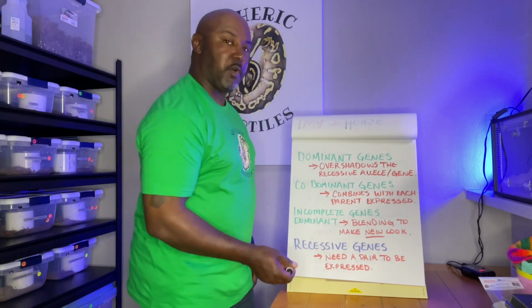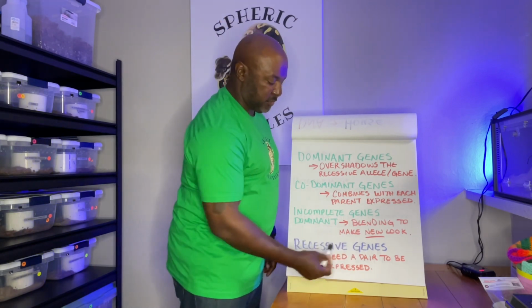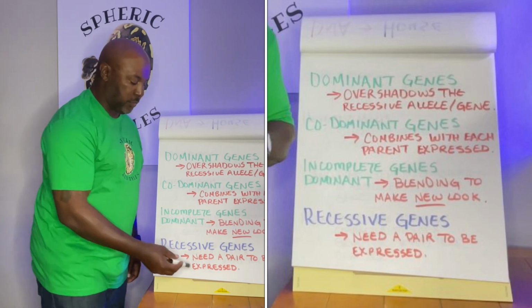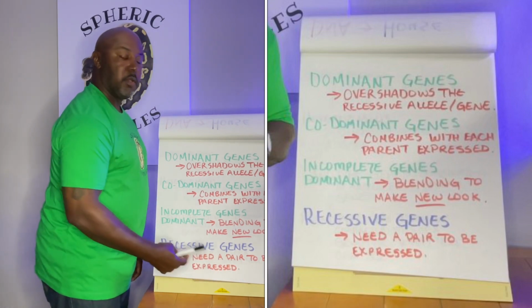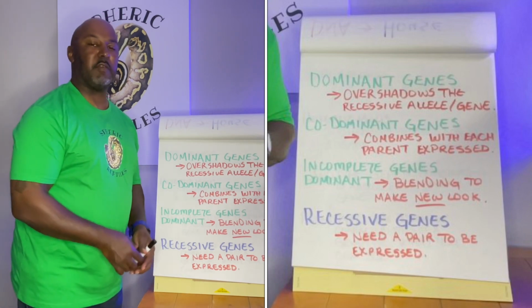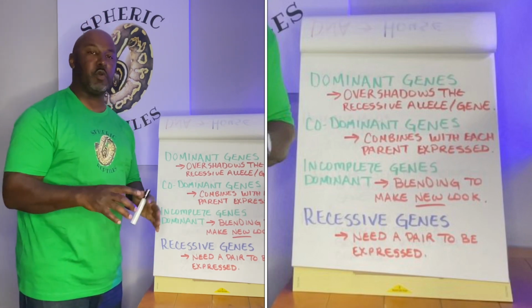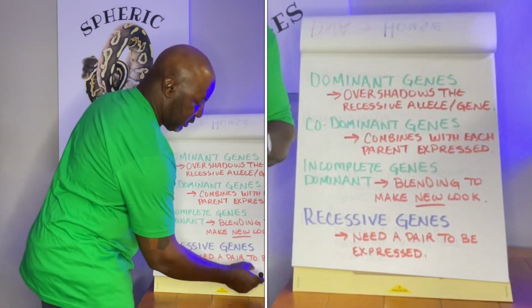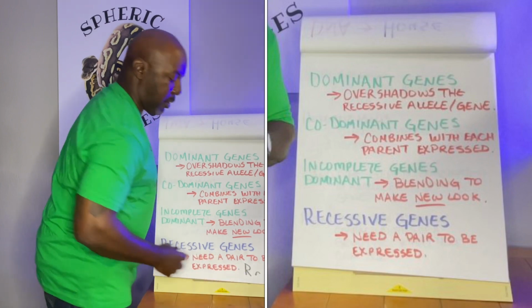But before we can move on, we have to discuss recessive genes. In order for recessive genes to be expressed, you have to have a pair, a copy from the male and the female parent. So you have to have two lowercase r's, or two lowercase of whatever is the way that it normally looks. If this is a large R, you'd have a small r.